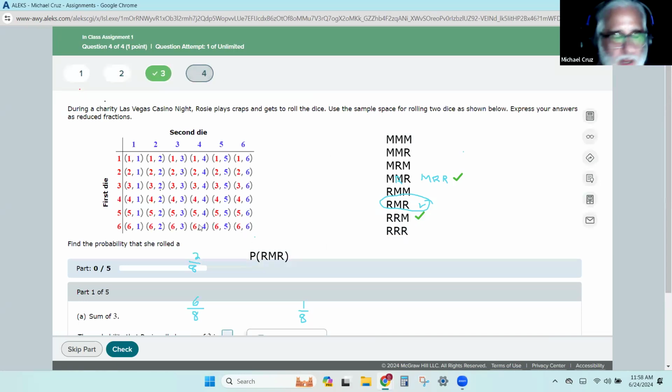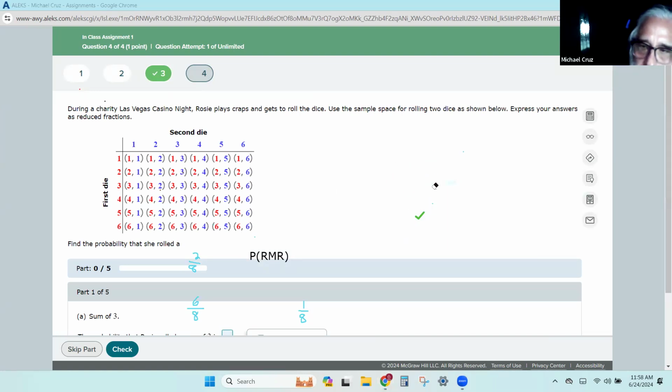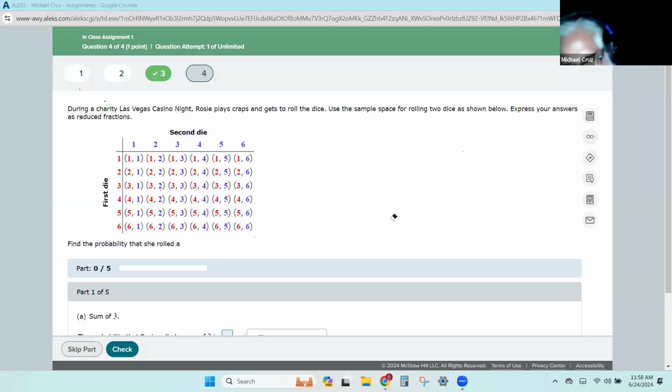All right, so this one gives us sample space. What this is, it's rolling 2 die. And when you roll 2 die, you get 36 outcomes. If you just roll 1 die, you got 6. But by the counting principle, if you roll one that's got 6 sides and another one that's got 6 sides, there's going to be 6 times 6 or 36 different outcomes.